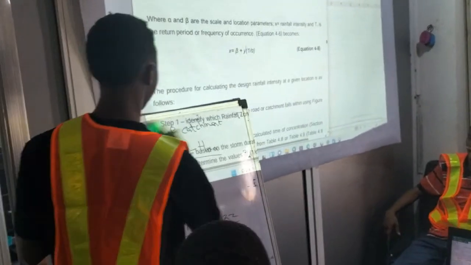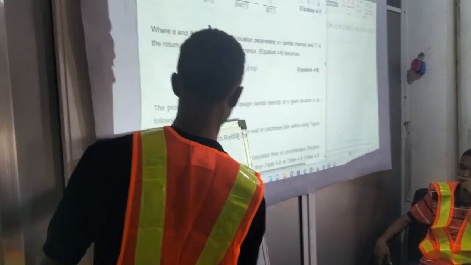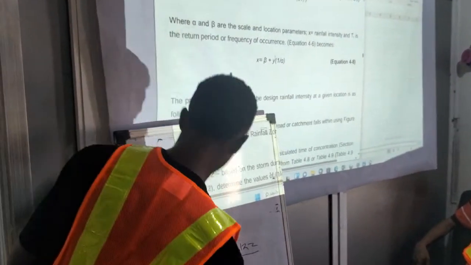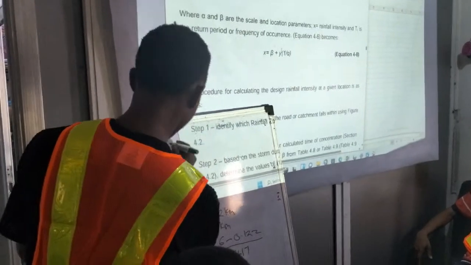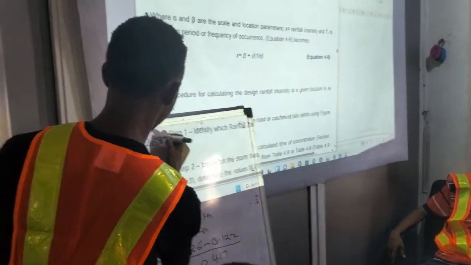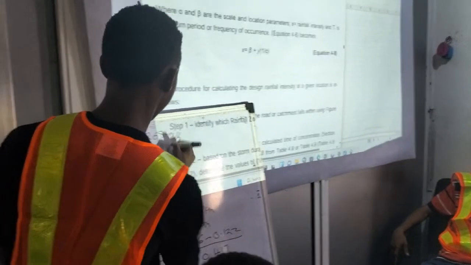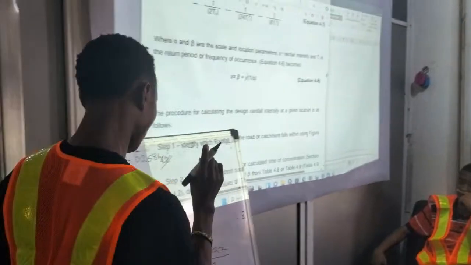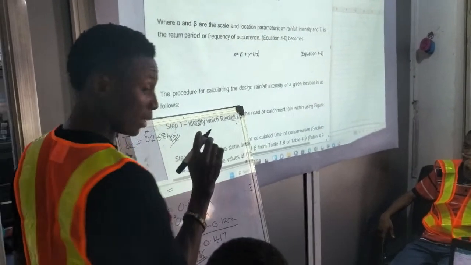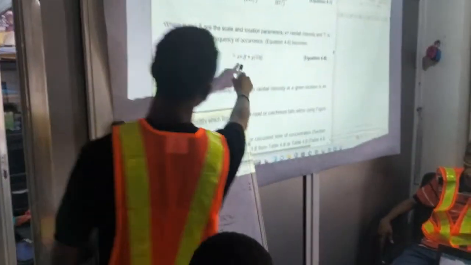Let's write it somewhere. TC is equal to 0.268 in hours, remember. It's not up to 1 hour. Now, our intensity. You can see this is the formula for intensity.